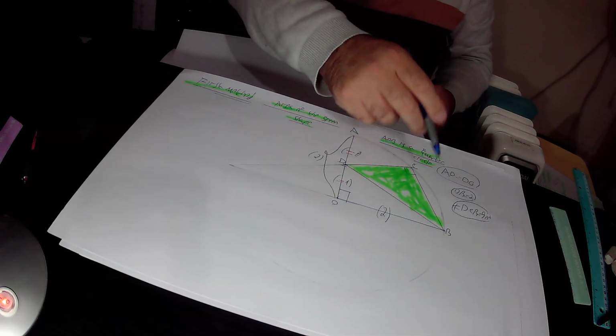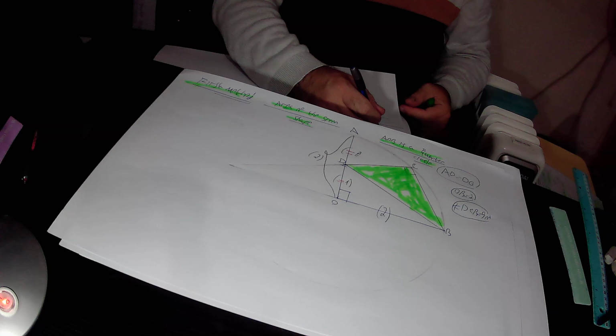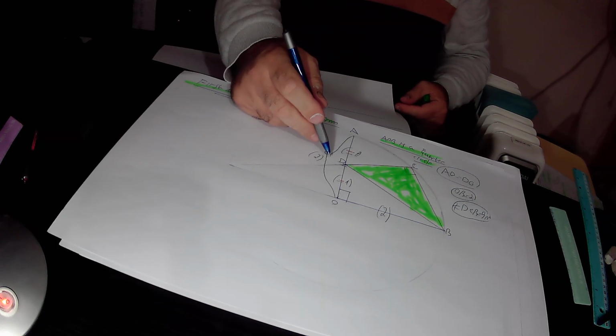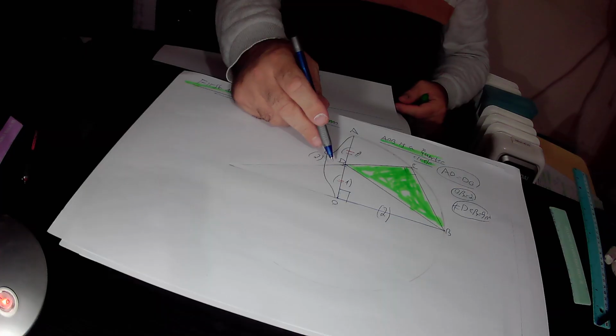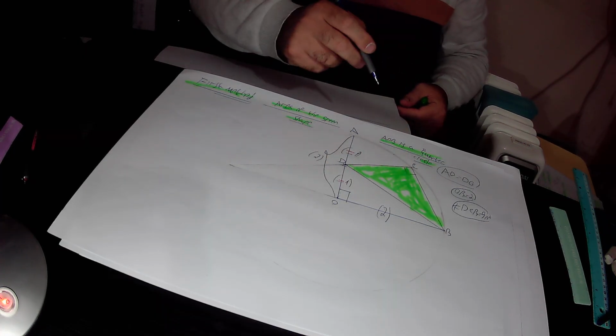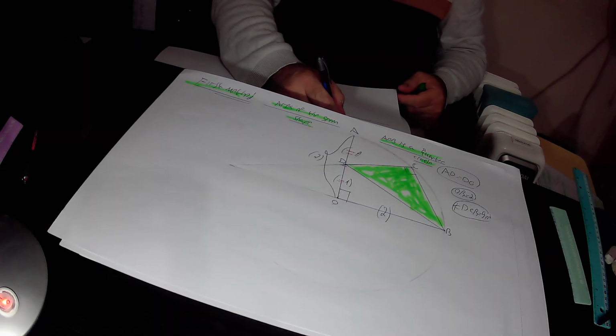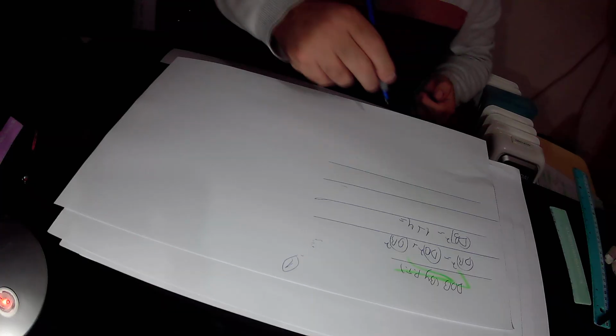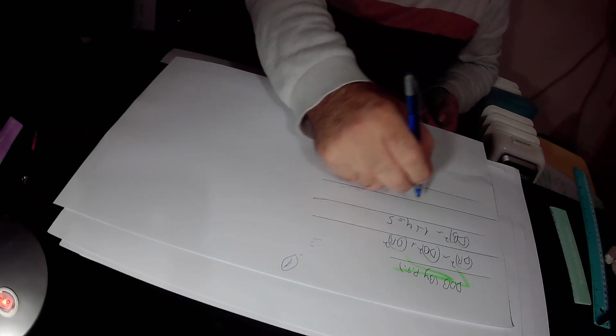DB is the missing hypotenuse, so we leave it as it is. DB squared equals DO squared. DO is 1, therefore DO squared is 1. Plus OB squared. OB is 2, therefore OB squared is 4. So in total, DB squared equals 1 plus 4, that is 5.